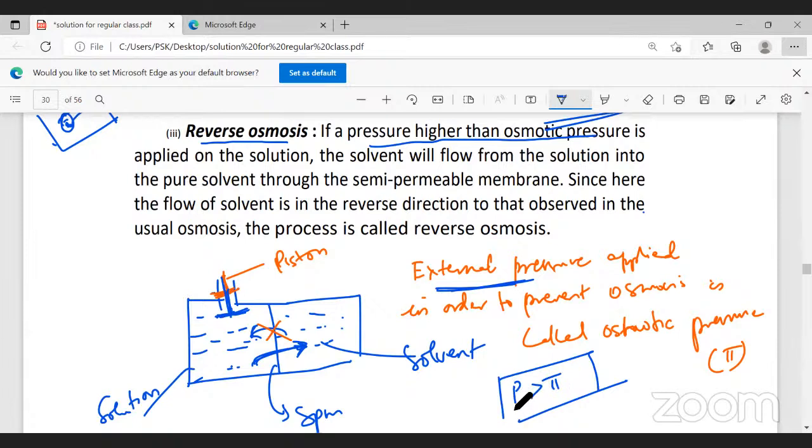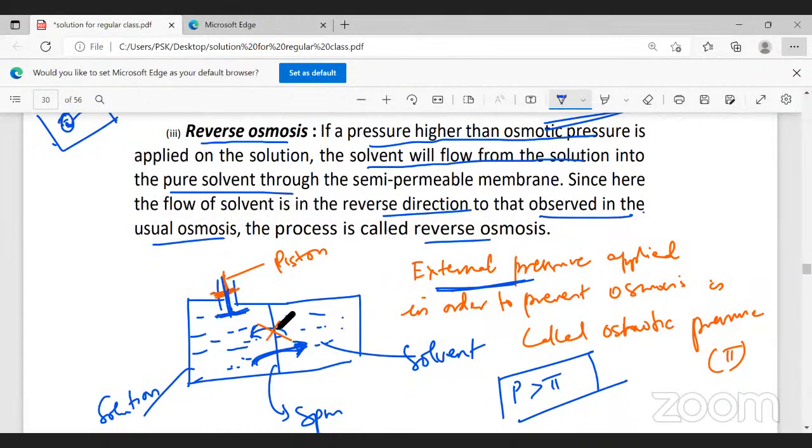When the excess pressure applied is greater than the osmotic pressure, the solvent will flow from the solution into the pure solvent. That means the solvent will start flowing from the region of higher concentration into the region of lower concentration through a semi-permeable membrane. Since here the flow of solvent is in the reverse direction to that observed in the usual osmosis, this process is called what?